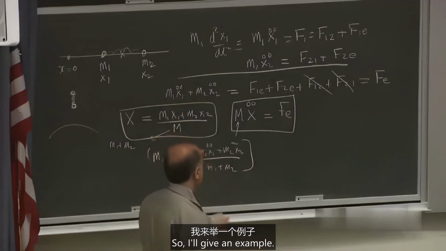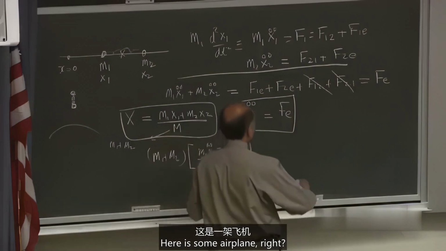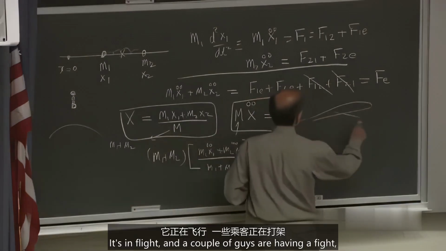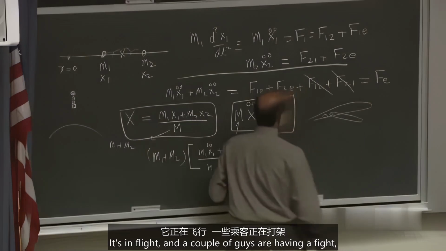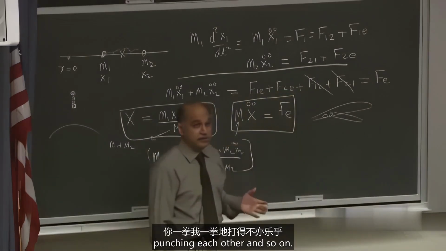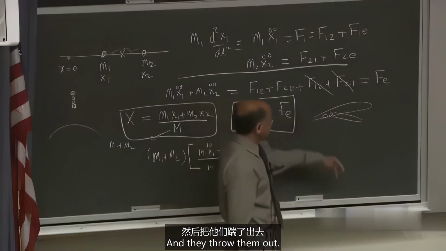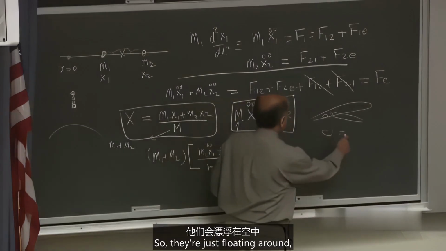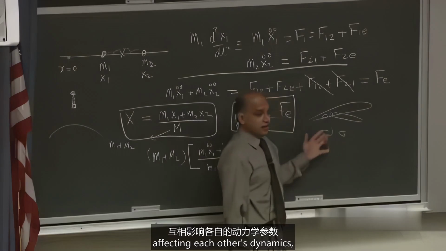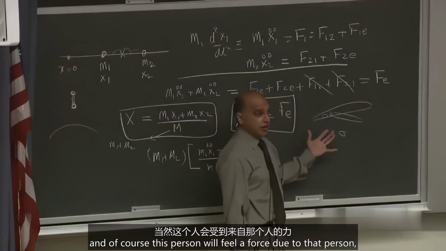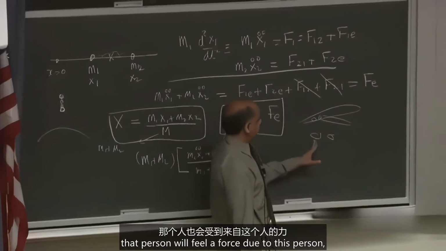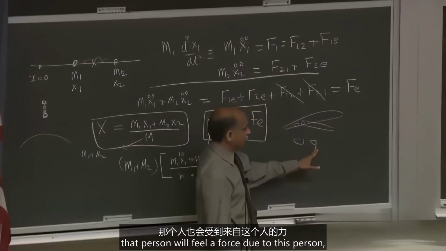So I'll give you an example. So here is some airplane, right? It's in flight, and a couple of guys are having a fight, punching each other and so on. The rest of the passengers says, enough is enough, and they throw them out. So they're just floating around, affecting each other's dynamics. And of course, this person will feel a force due to that person, and that person will feel a force due to this person.